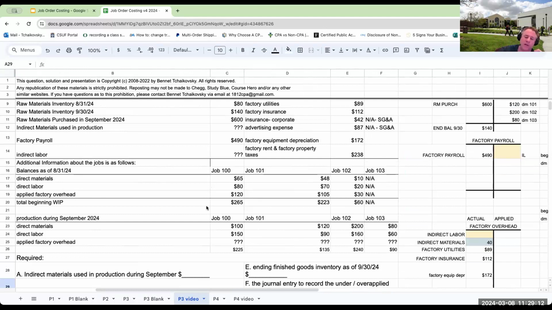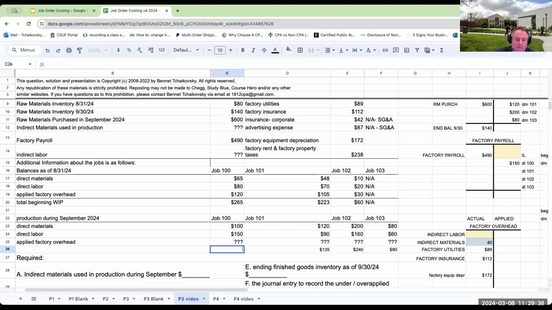You had indirect labor feeding into factory overhead. So here, I'm going to have direct labor, job 100, direct labor, job 101, direct labor, job 102, direct labor, job 103. My direct labor for job 100 is right over here at 150.